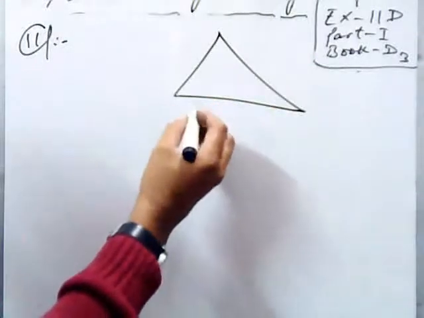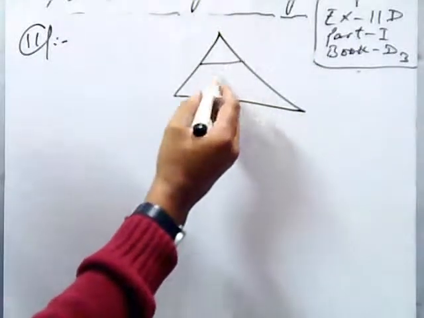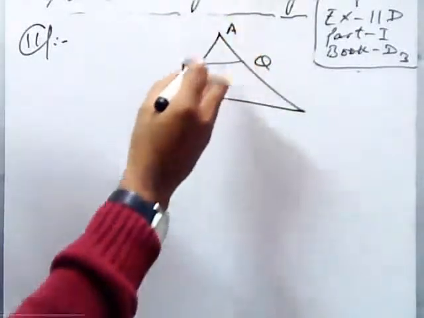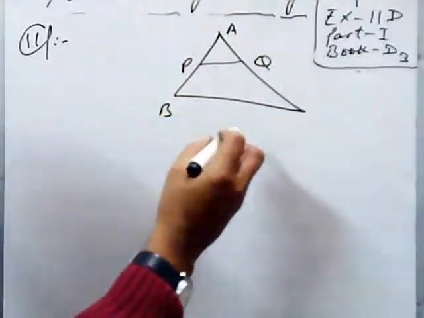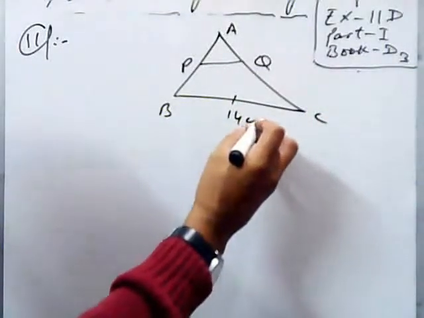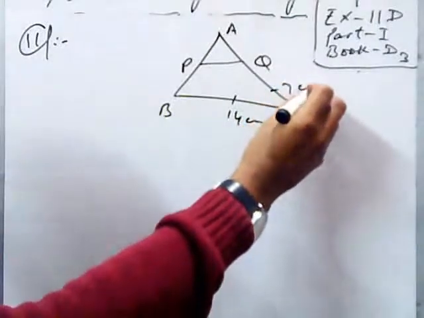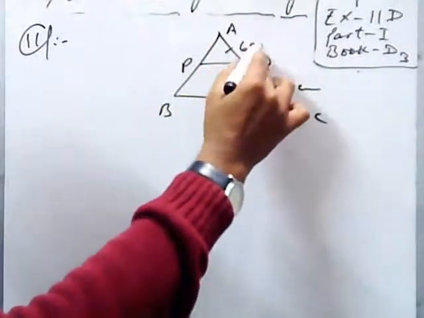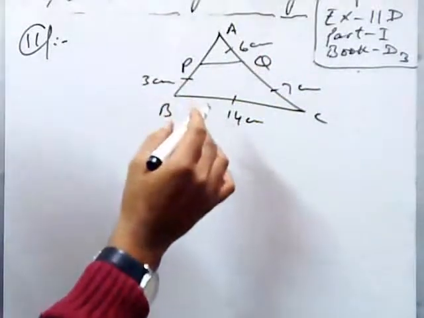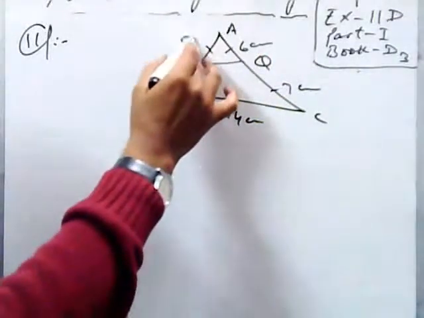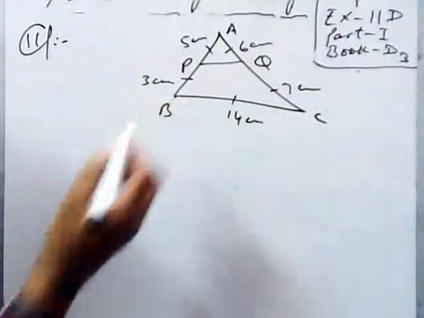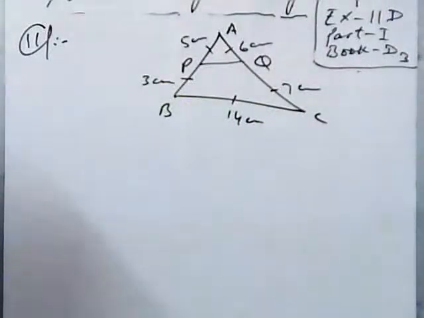The figure is like this: PQ, and A, B, and C. There is 14 centimeter, 7 centimeter, 6 centimeter, 3 centimeter, and this one is 5 centimeter. All these values are given to us, and this figure is given to us.